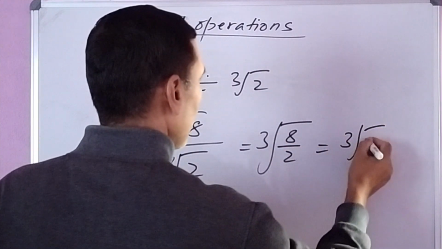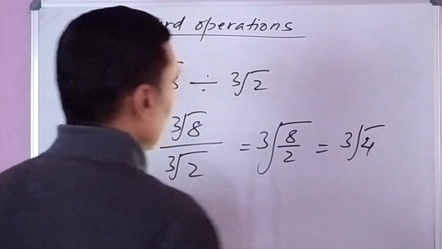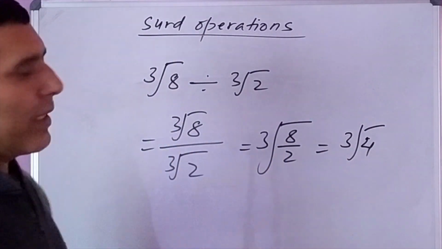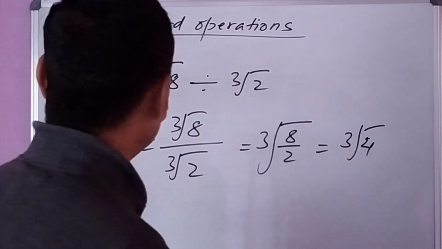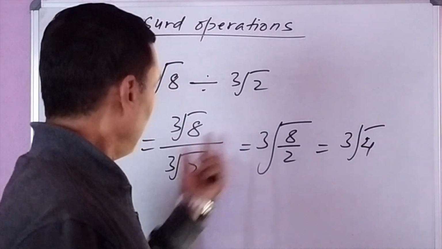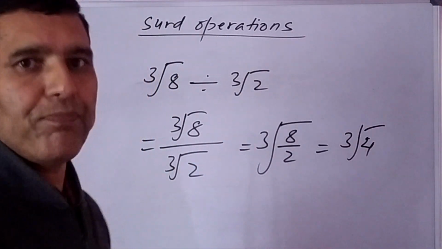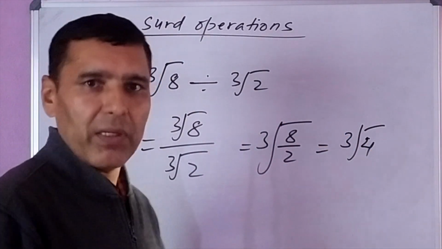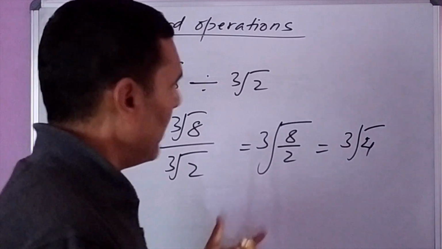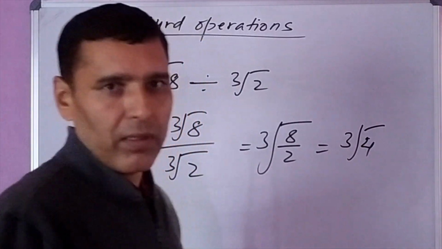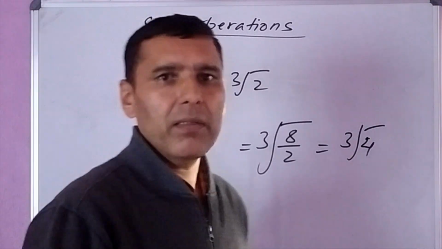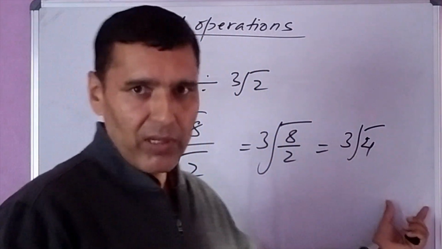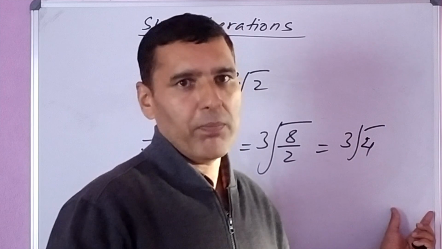It is cube root of 4, since 8 divided by 2 is 4. So for the division of sorts also, their order must be the same. After making the same order, if we have sorts of the same order, they can be multiplied together, and one can be divided by another. But for addition and subtraction, the sorts must be like sorts. That means the order as well as the radicand should be the same.